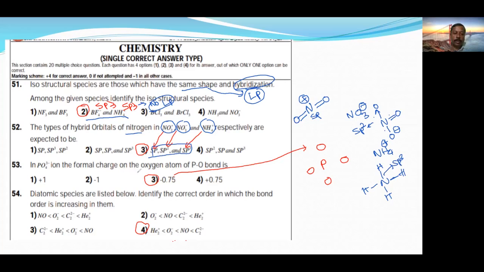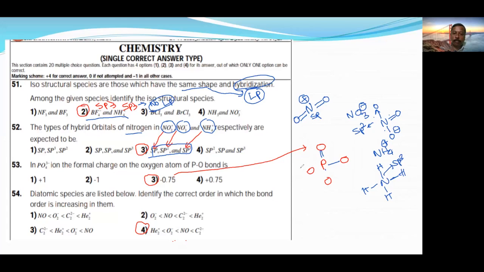Then formal charge on oxygen of PO bonds. Actually, PO4 3 negative, therefore there will be one double bond. Only in one place it will be a double bond, and in all other places it will be a single bond.